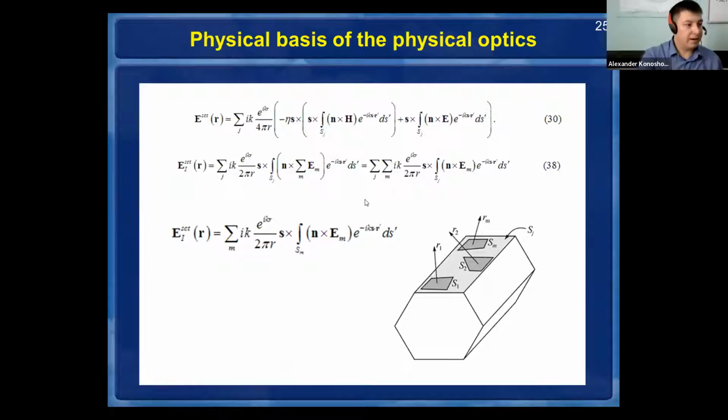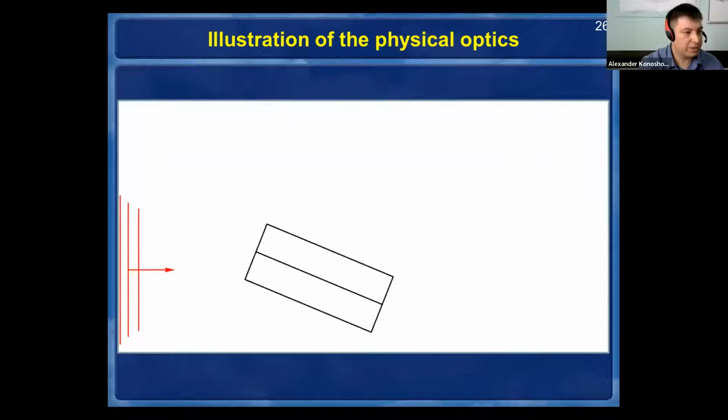So this is the base idea. Instead of integrating the electromagnetic field over the whole particle surface, we integrate over all the optical beams. Because we use the beam splitting technique in our physical optics method, it allows us to receive the solution quickly.